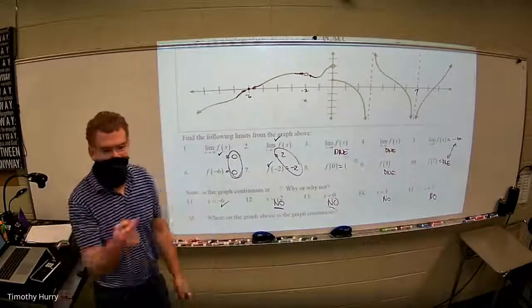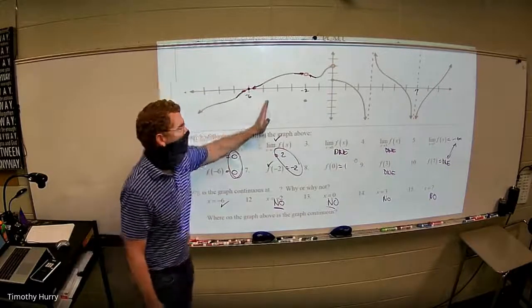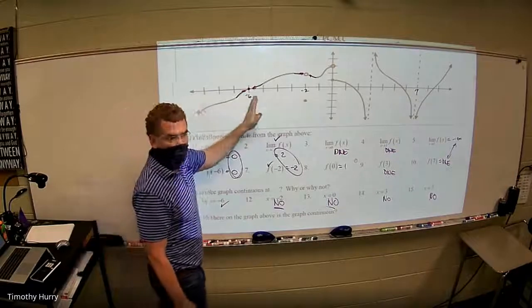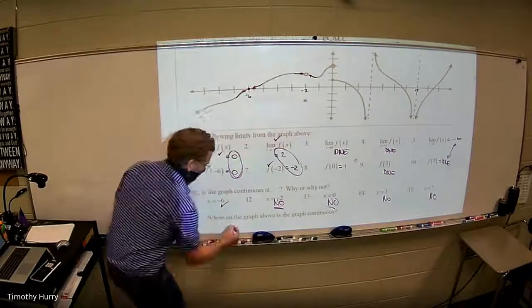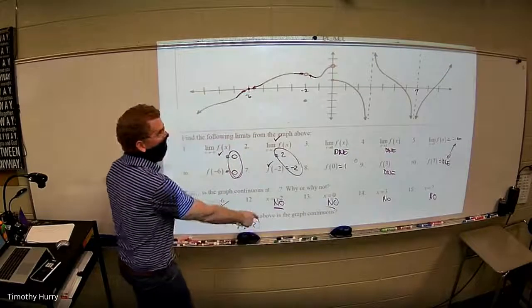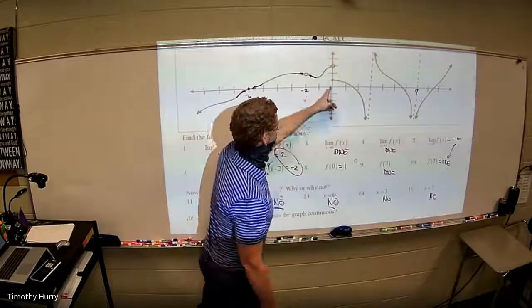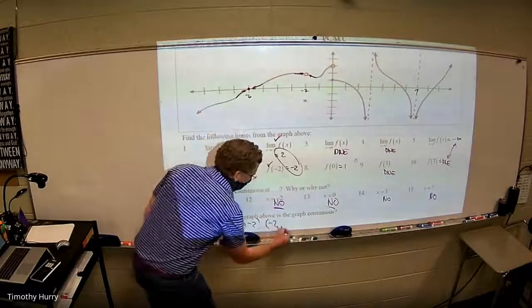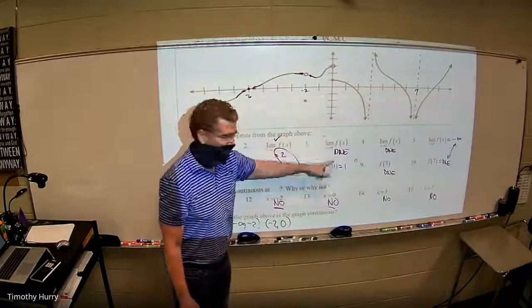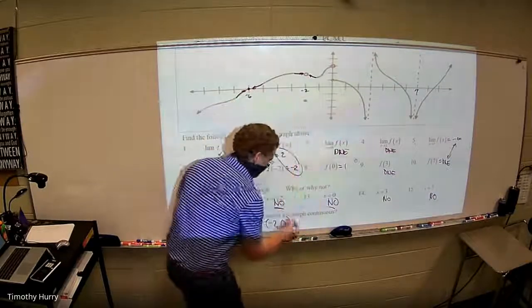So if I ask you, where is this graph continuous? Did it look continuous as I was going from here all the way to -2? Were there any breaks, jumps, anything? So from -infinity to -2, it looked continuous. Leave that open. Then from what to what? -2 to 0. But not at 0, because you just checked at 0 and, look, at 0, no. And then from 0 to 3, it looked pretty good.